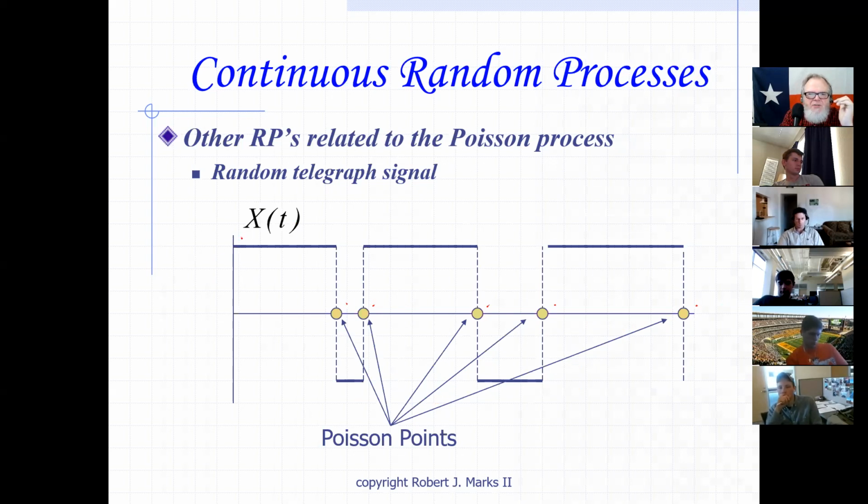So the light switch starts on, you hit your first point and it goes down and turns off. Then you hit your next point and it goes up and turns on. Then you hit your next point and it turns off. So what you get is kind of a stochastic square wave, if you will. That is another stochastic signal, other than the counting process, which you can generate from the Poisson random variable.